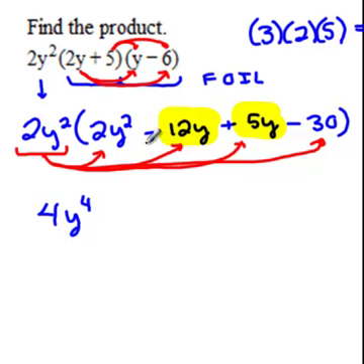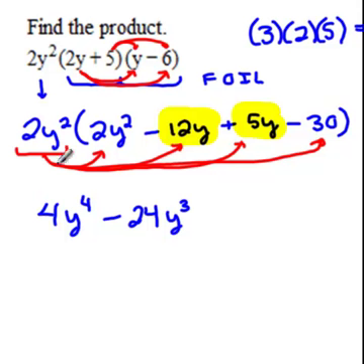Notice the sign here describes the 12y, and so this is a minus, this is a positive, so my answer is going to be a negative because the signs are different. 2 times 12 gets me 24, and y squared times y is y times y times y. We write that as shorthand as y cubed.